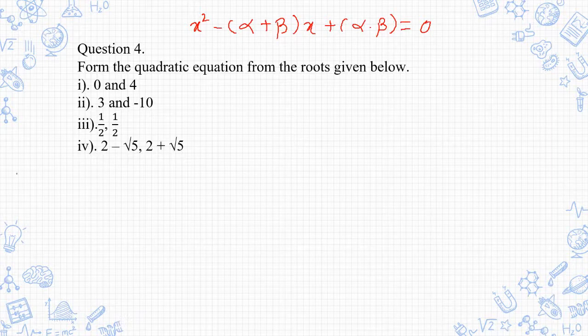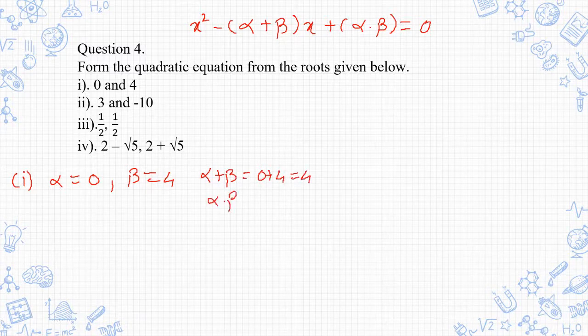So if you see the first one, alpha is 0 and beta is 4. So if you find out alpha plus beta, that will be 0 plus 4 is 4 itself, and alpha into beta will be 0 into 4, which is 0.